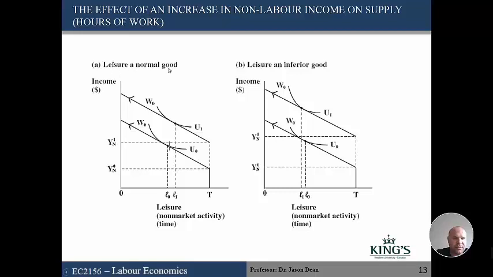So the new tangency point should be to the right of L0. So for example, here we go from L0 to L1. Now in the second diagram, leisure is inferior, so then we know if there's an increase in non-labor income, leisure should fall. So here in this illustration, this person's preferences are such that they would demand less leisure and work more.